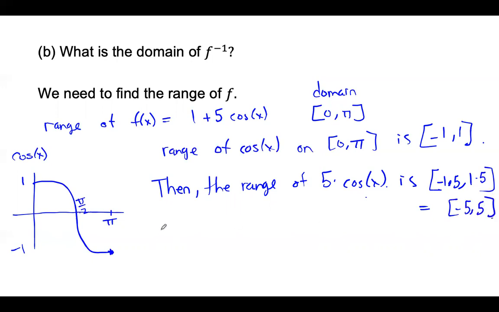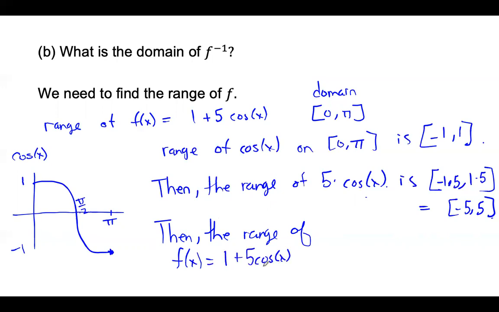Then the range, when we add 1, so basically f of x is 1 plus 5 cos of x, we're just adding 1, it's just going to be the same thing plus 1.